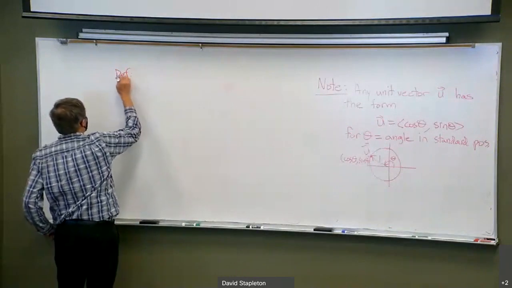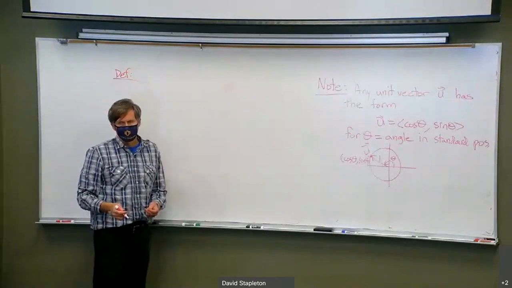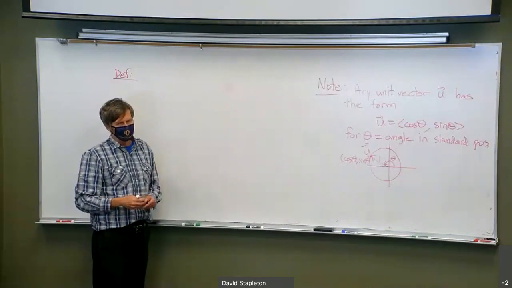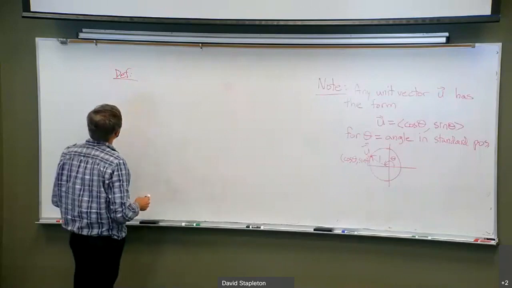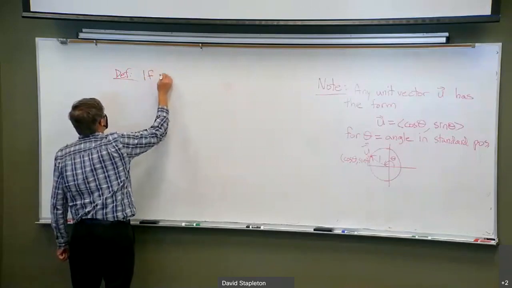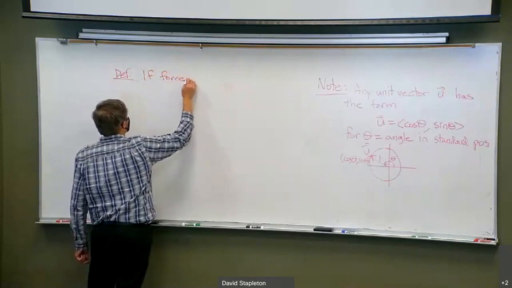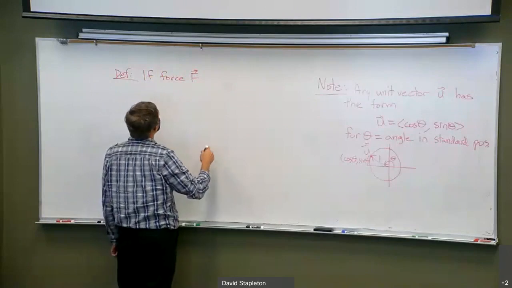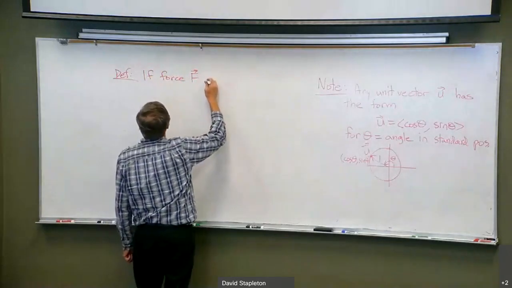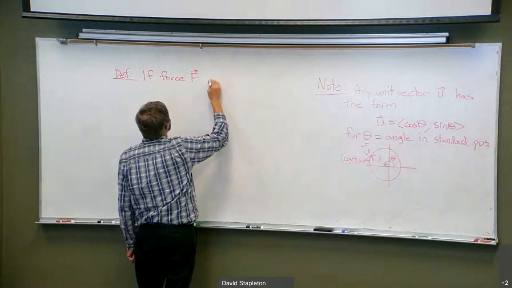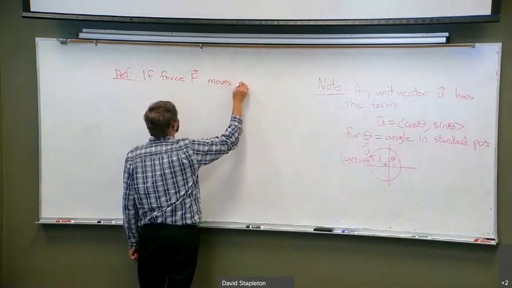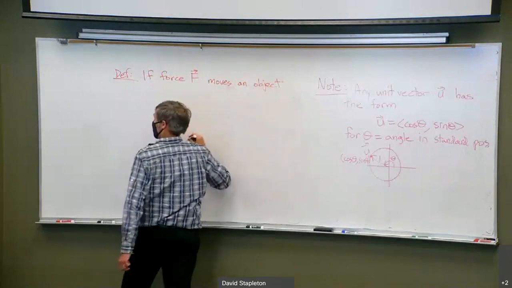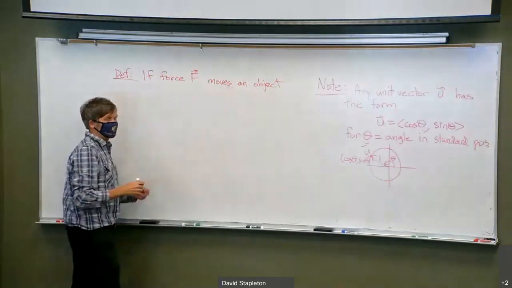Another definition. In Calculus 4, you get to see how useful work is. We really can't get into the deep theorems this semester on how to use them, but we'll introduce the concept of work. If a force vector F that's constant moves an object, treat it as a point object.